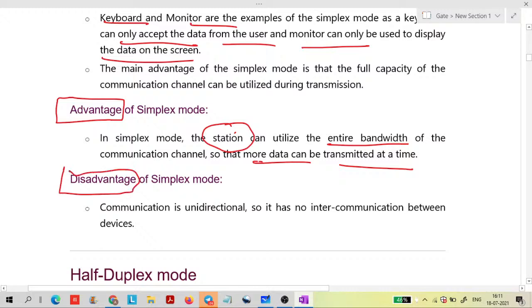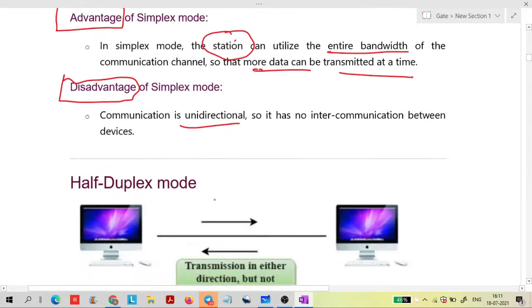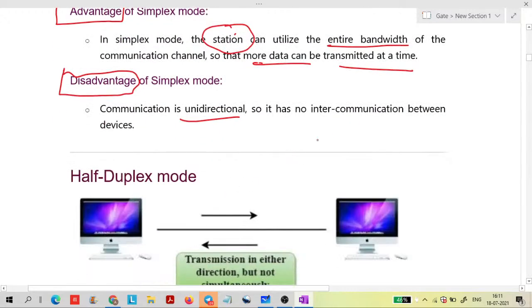The disadvantage of simplex mode is that it is unidirectional. It has no intercommunication between the devices.